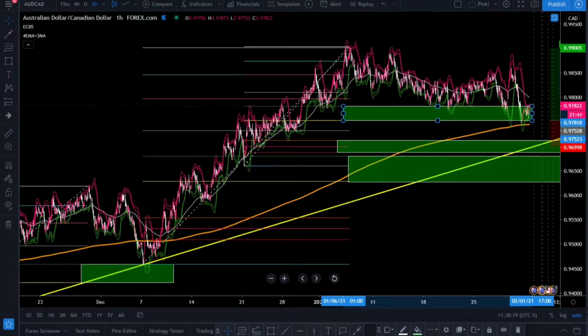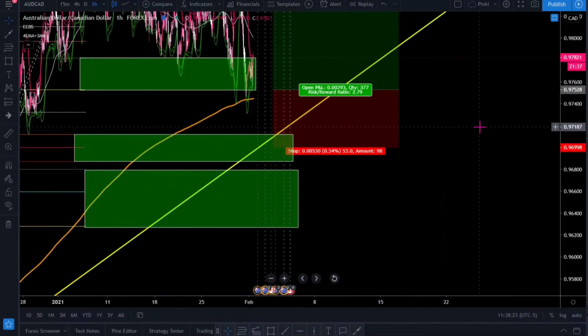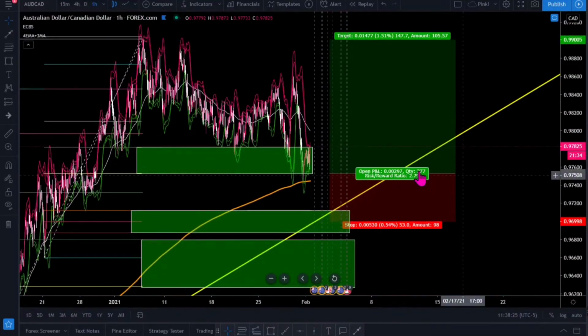And then I wanted to draw out our risk to reward over here. So this is the potential entry, okay? So entry point is at 97528 with a stop loss at 96998 and a take profit at 99005. Okay, very important.